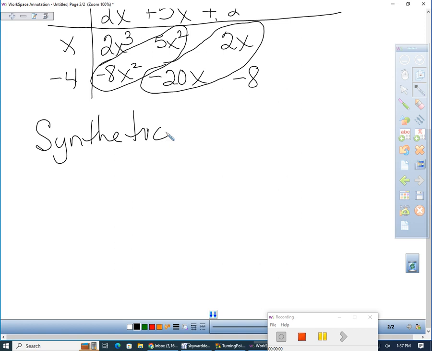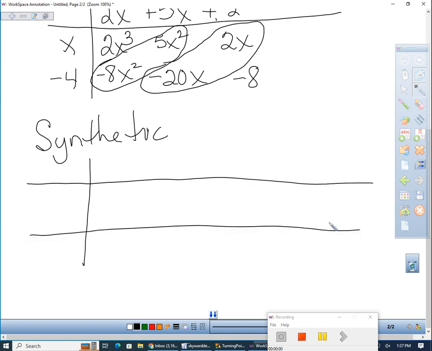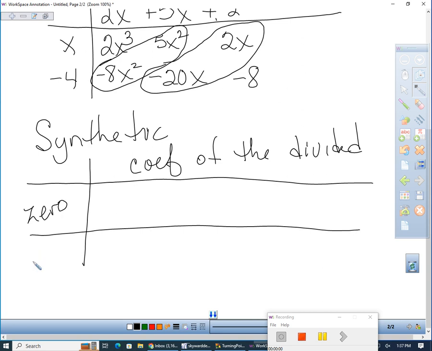So it's the same type of thing. The way synthetic is going to work for us, we're going to make a long one-sided tic-tac-toe. Across the top is going to be the coefficients of the dividend. And out here is going to be our zero that we're dividing by.